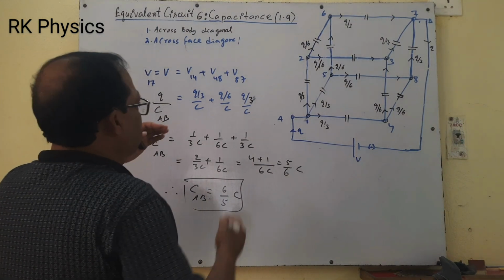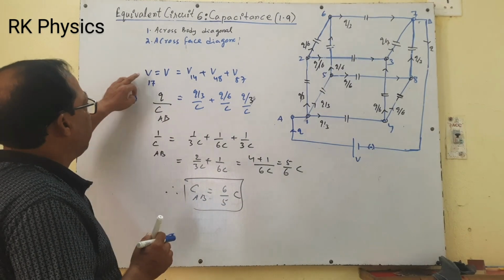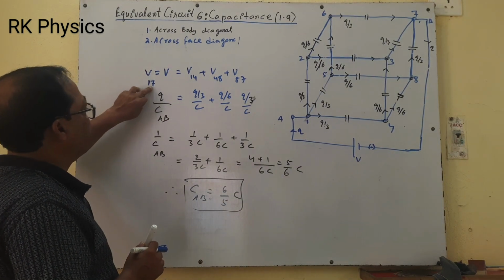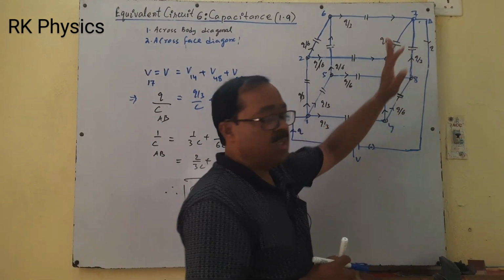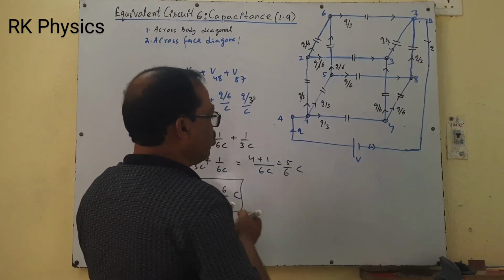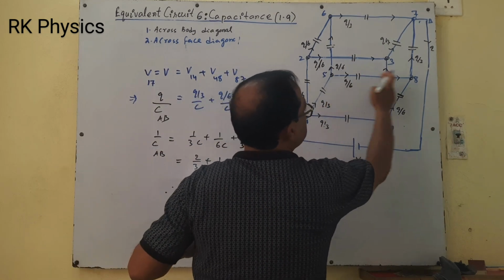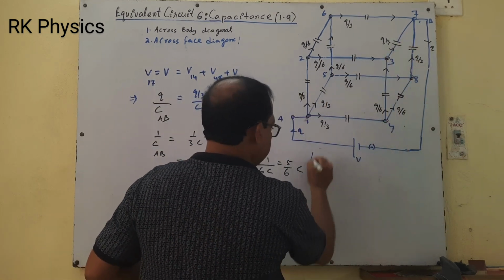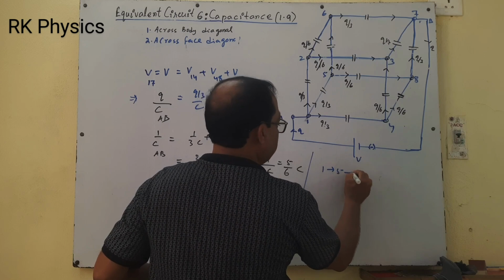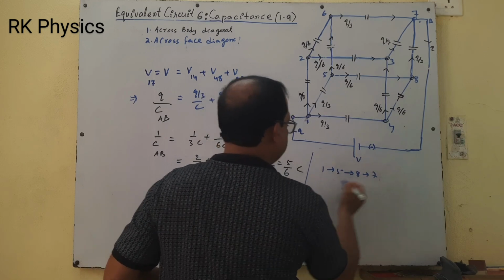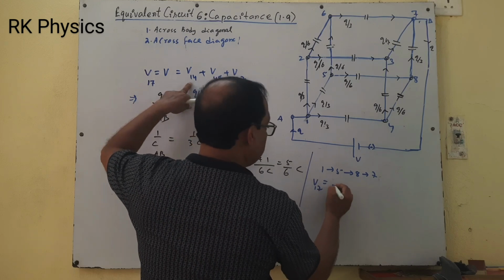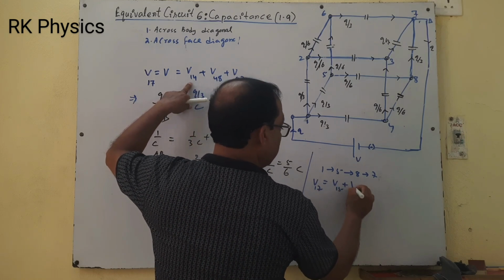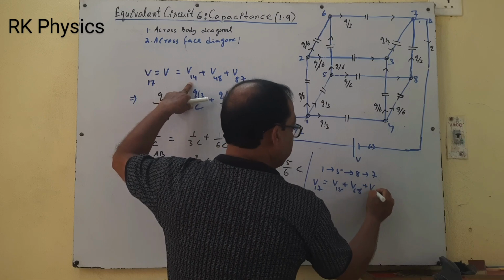Now what I did: my aim is to reach from 1 to 7. I chose the path 1 to 4, 4 to 8, 8 to 7. Suppose one chooses 1 to 5, 5 to 8, 8 to 7. Then you can write V17 equals V15 plus V58 plus V87.